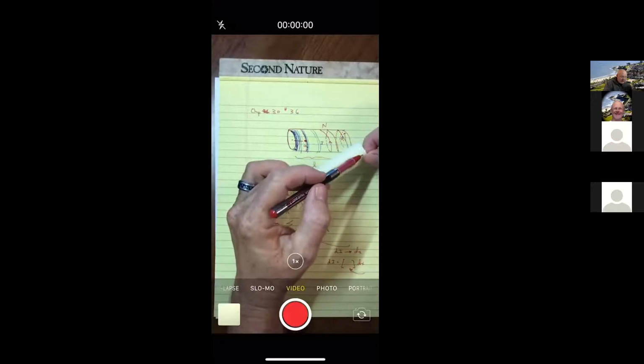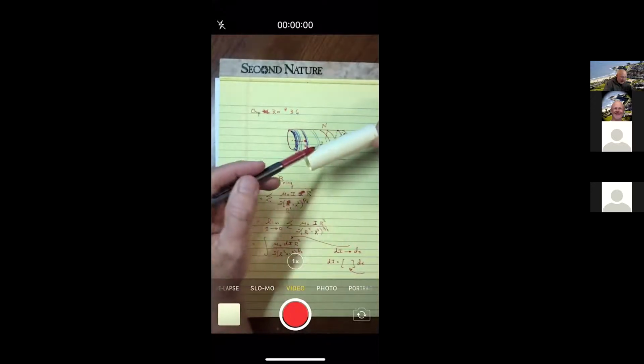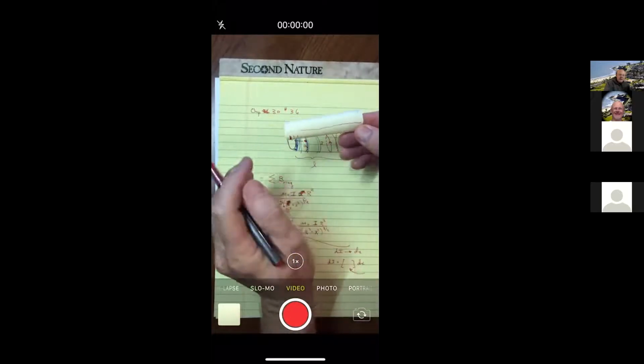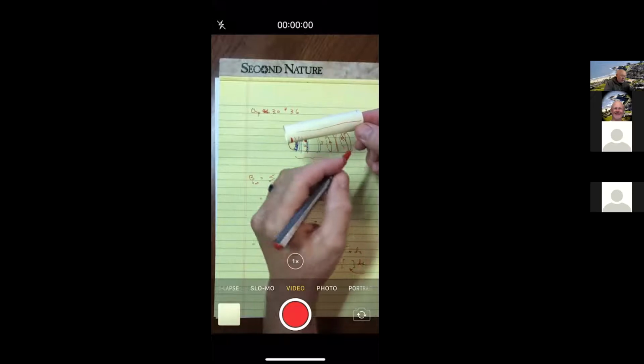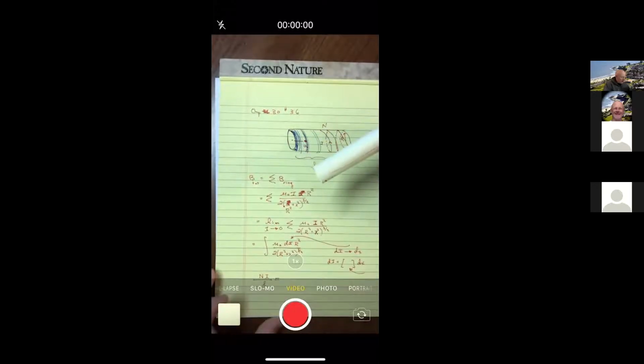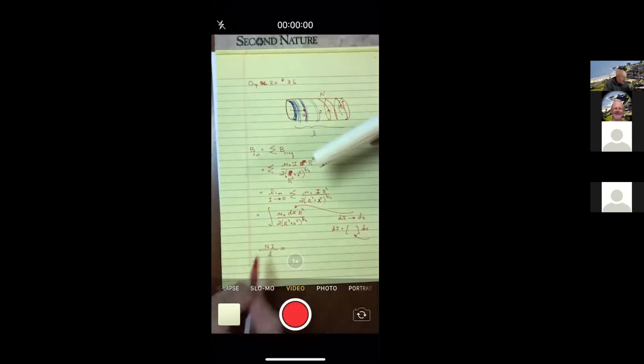That is, if you take the current and you wrap it around n times, you would say there is a total current going up of Ni, and it would be spread out over a length L. So this would be all of the current over all of the length. That's the density. You would call that perhaps the current density. Current along this is the whole current over the whole length.